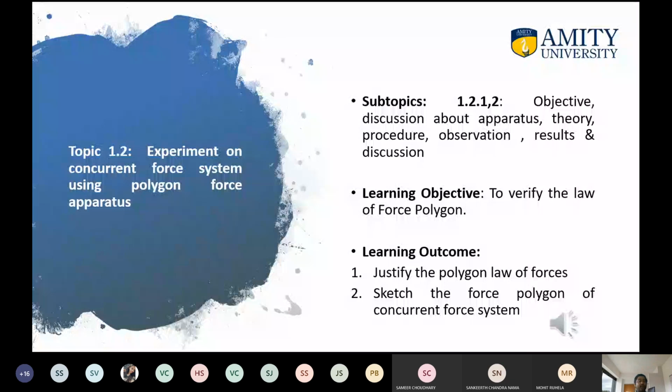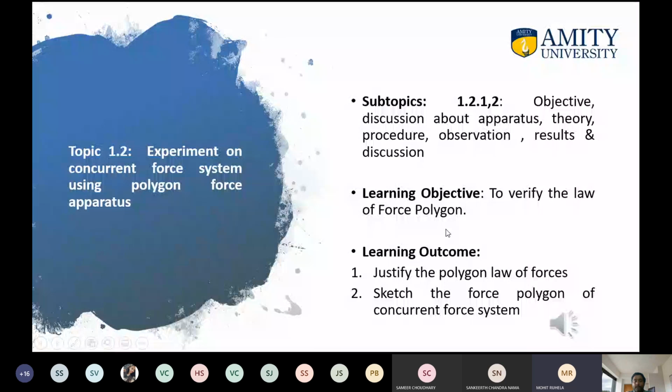So before starting the experiment, can anybody tell me what is a concurrent force system? Can any student tell me? If any student has knowledge, then that student can tell me what is concurrent force.